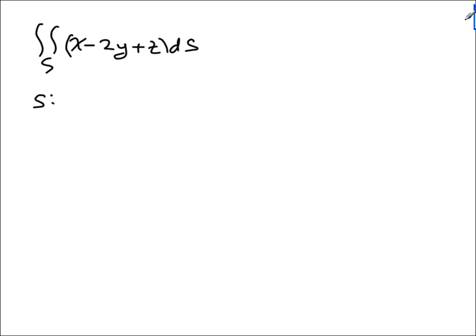And you're told that the surface S is z equals 4 minus x, where x happens to be in between 0 and 4, and the same for y. It's in between 0 and 4.